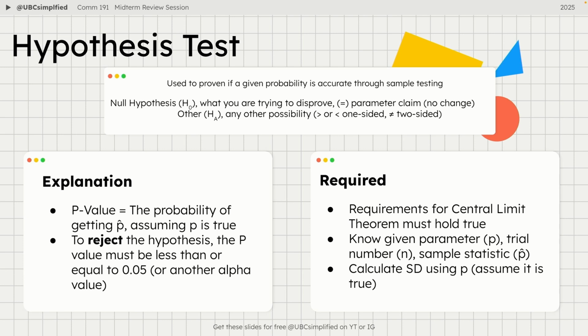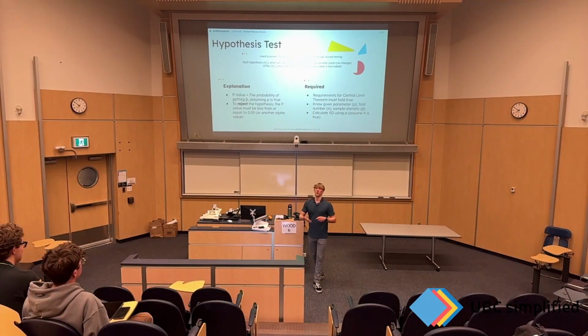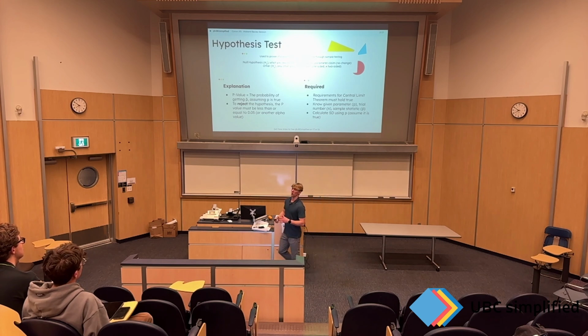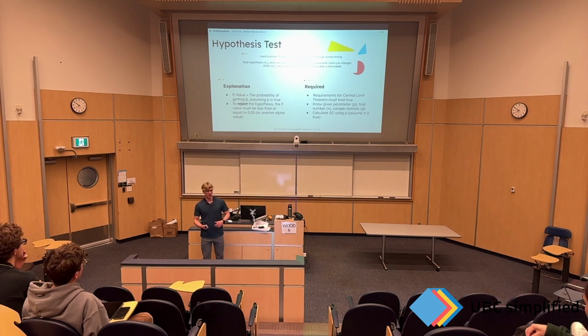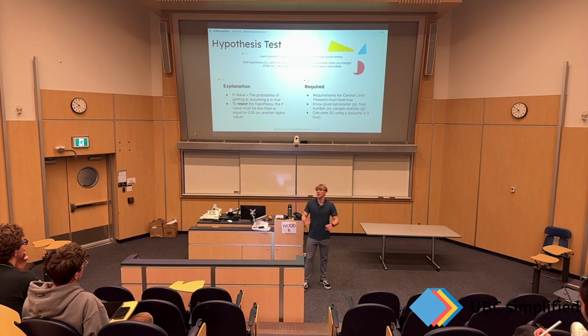It is the probability of me getting 60%, assuming that the population actually likes 90% of mangoes. Does that make sense? Okay, and then in order to reject the null hypothesis, so this is basically saying this is such a small probability that it would actually not happen. It's statistically significant. It has to be either equal to or less than your alpha value, which is just a set value. Normally it's 0.05.